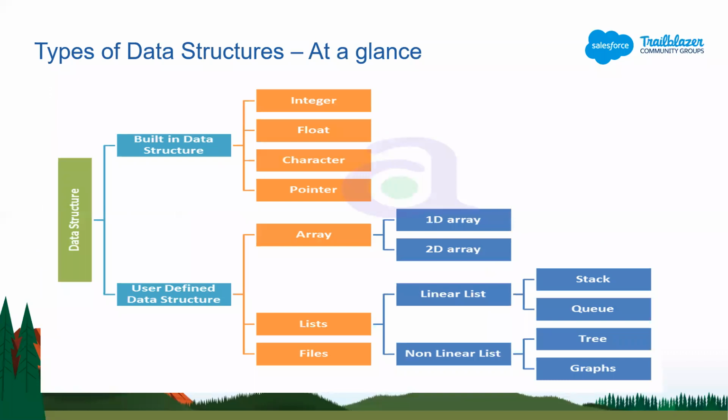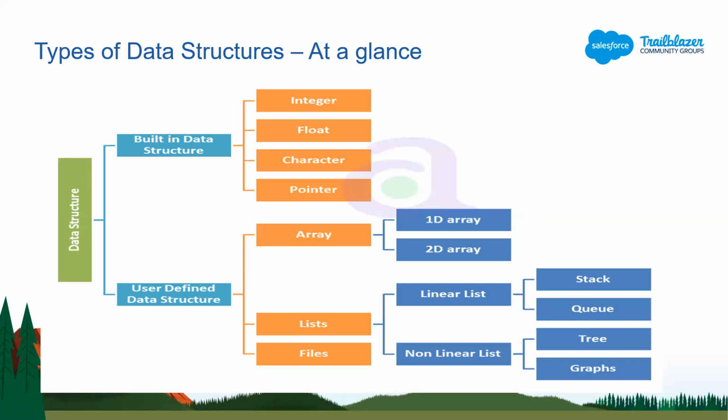So this is the at-a-glance view of the types of data structures we have in any programming language. First is built-in data structure, which is what we discussed as primitive data structure. Then is user-defined data structure, which is the non-primitive data structure.